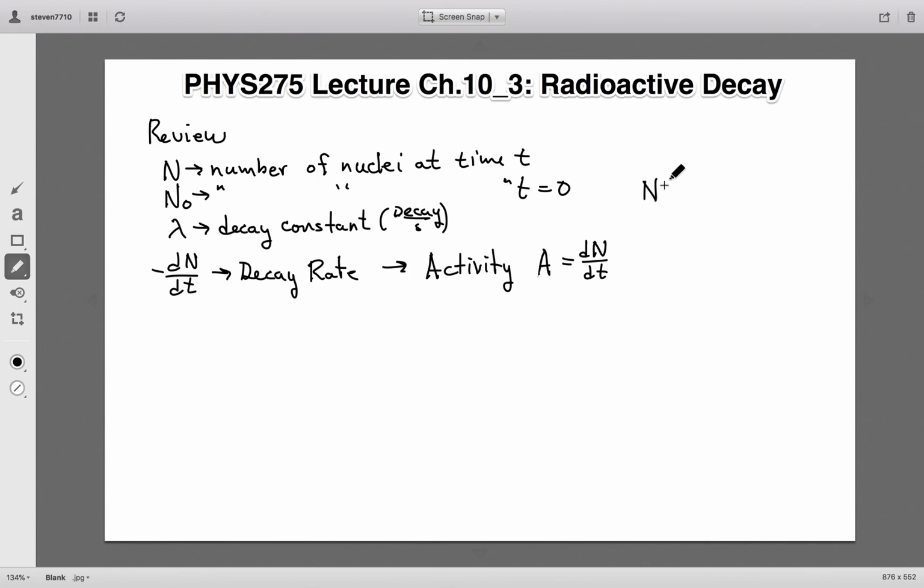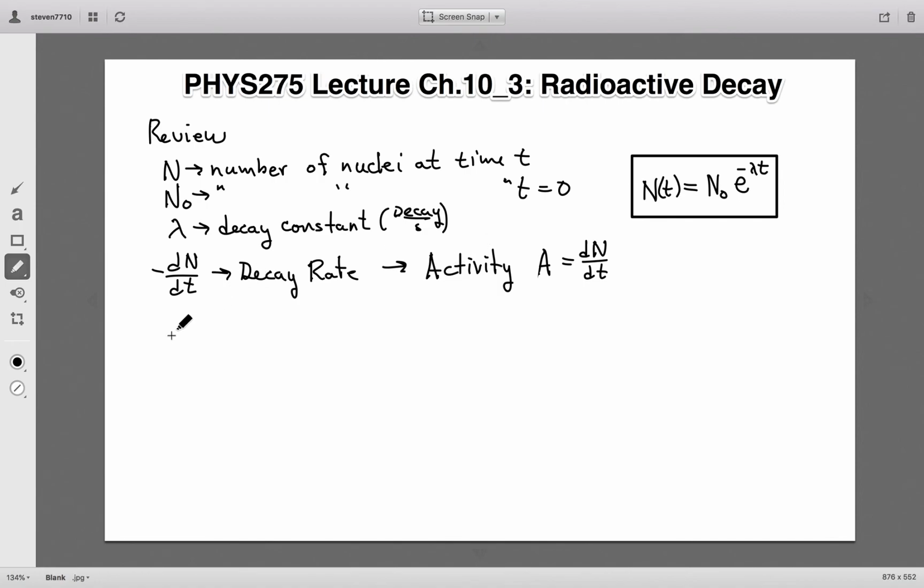We showed that the number of nuclei existing at time t, in terms of the number of nuclei at t equals 0, is N0 e to the minus lambda t. That's definitely worthy of boxing in and remembering.